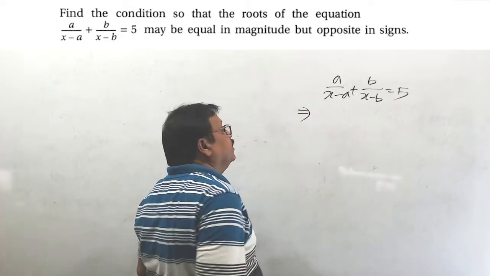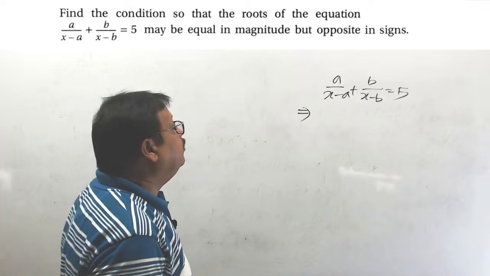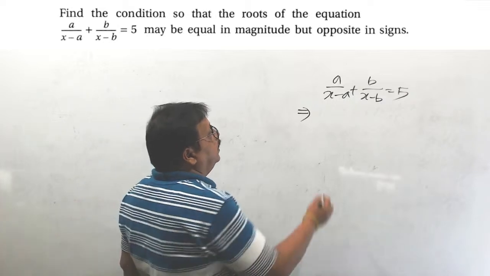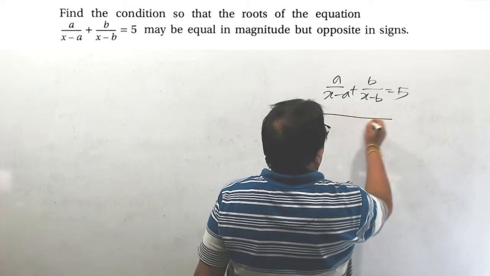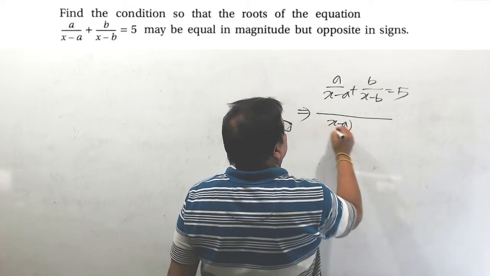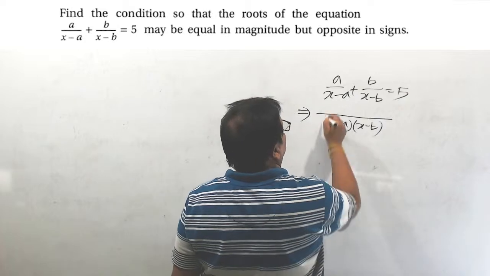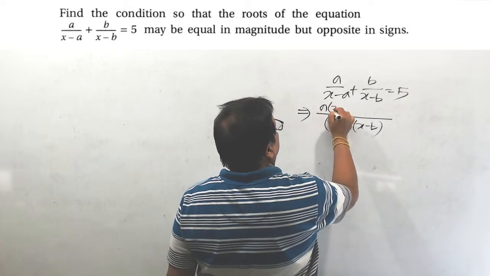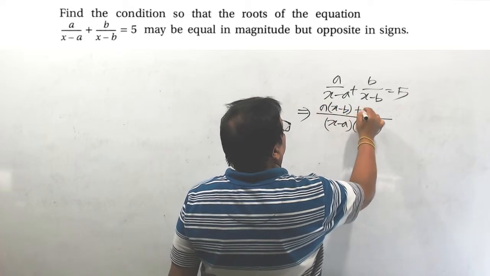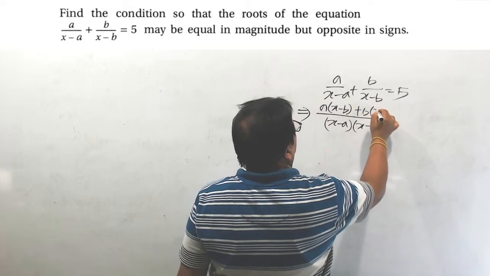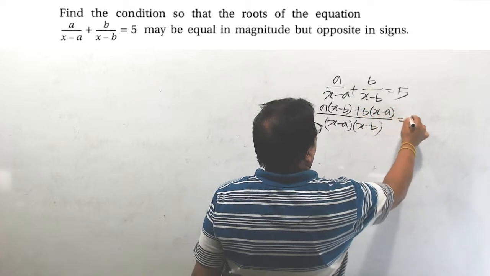First you have to convert this one into standard quadratic form. How will you convert it? What will be the LCM? x minus a, x minus b is the LCM. That is a into x minus b plus b into x minus a. This is equal to 5.